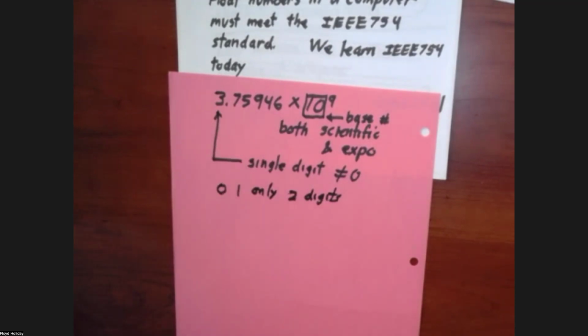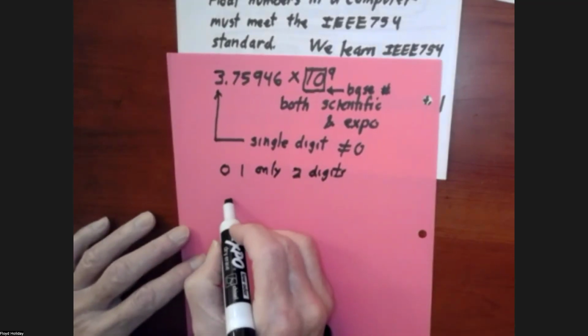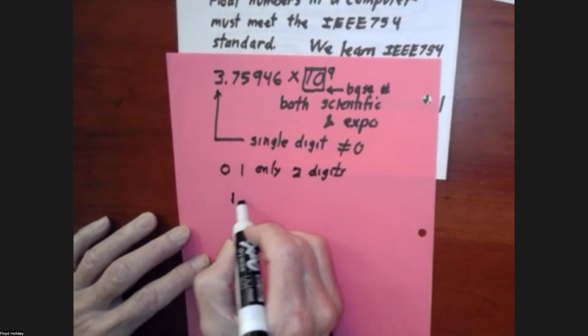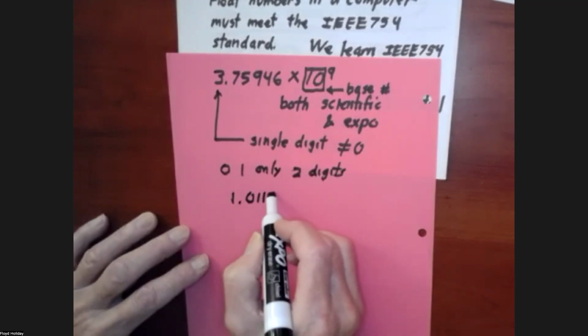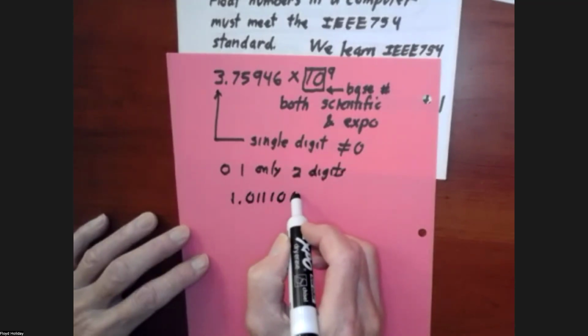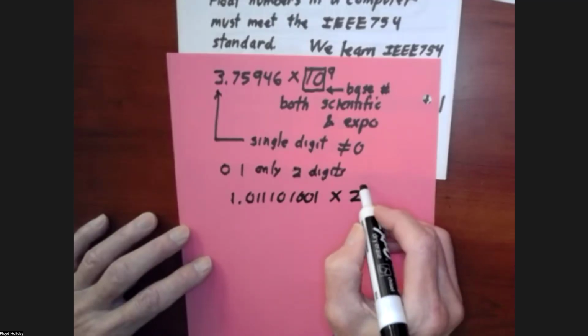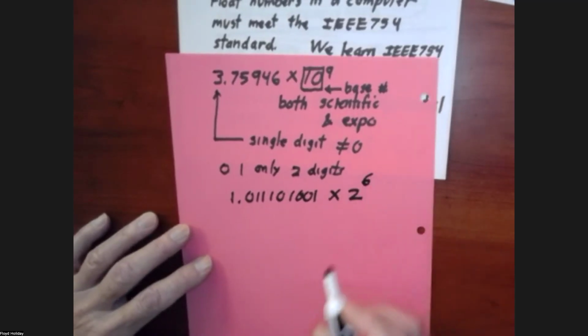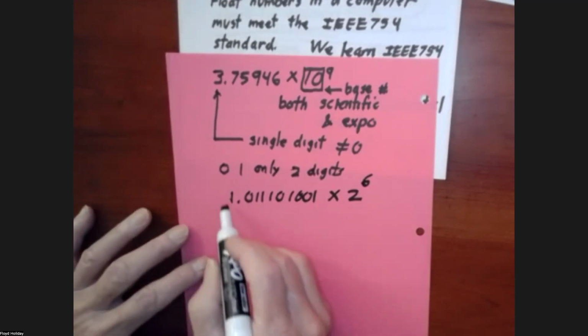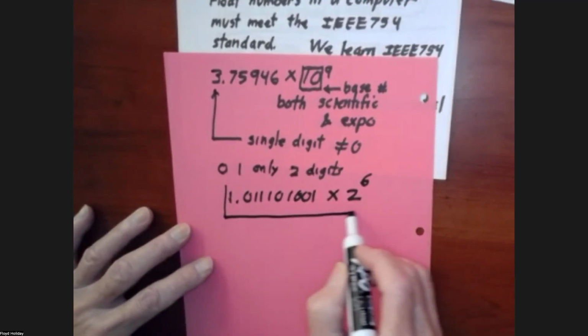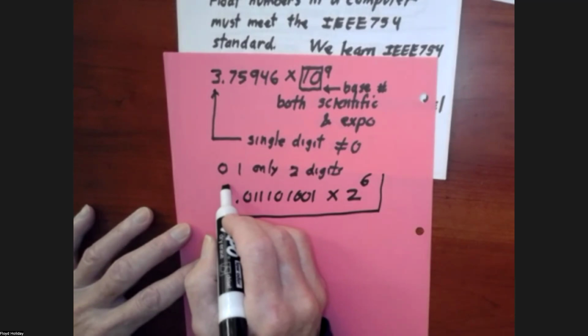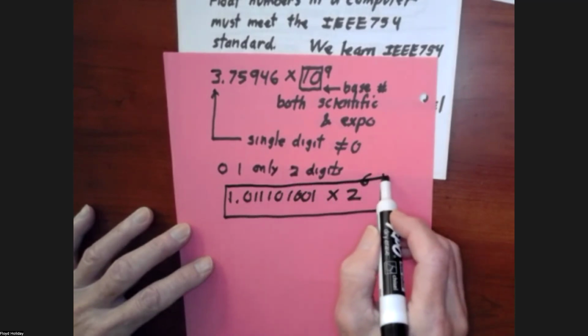So you're forced to the conclusion that only 1 is allowed on the left side, and that's true. For example, 1.01 0.001 times 2 to the 6. There's an example of what our goal is to make it look like.